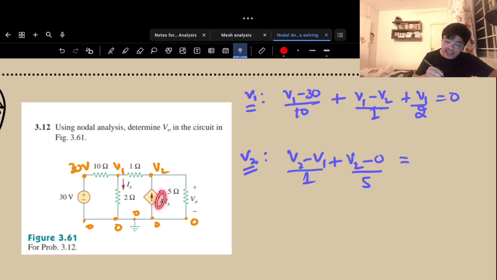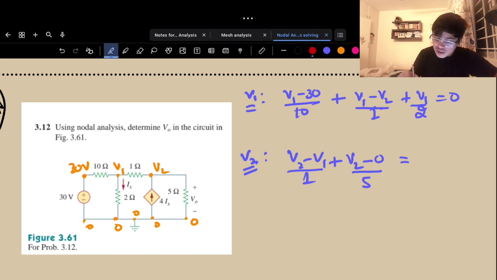This is my gain and this is my parameter. So the value of this current depends on some other current. Let's identify this Ix. This is my Ix. So again, there is just one more equation. Ix is simply (V1 minus 0) by 2, that is V1 by 2.